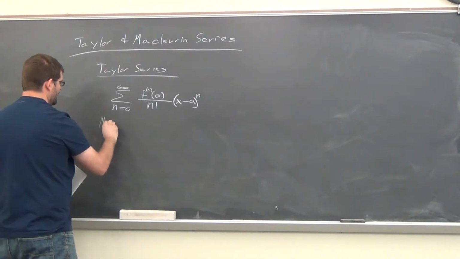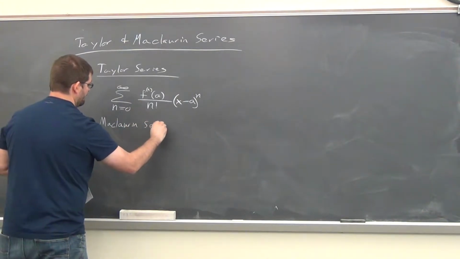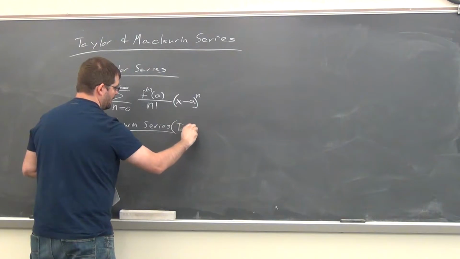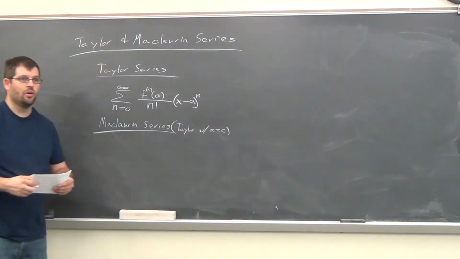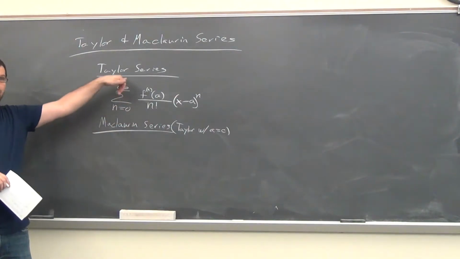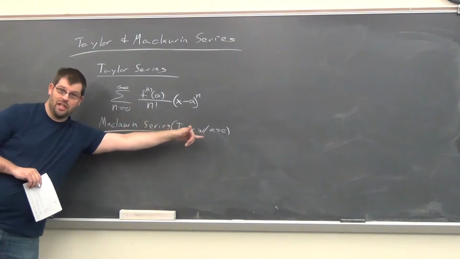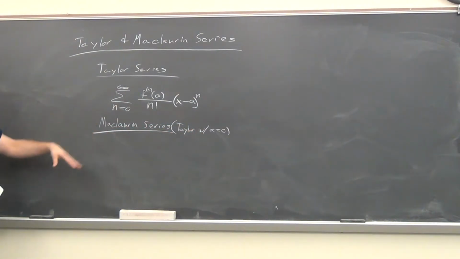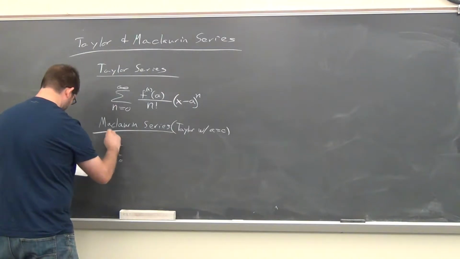And then the Maclaurin series, and I'll just put here in parentheses, this is just Taylor with a equal to 0. And so a Maclaurin series is a Taylor series, and some Taylor series, in particular the ones with a equal to 0, are Maclaurin series. So most of the time we ask for the Maclaurin just because they're simpler looking, but we could ask for anything here.